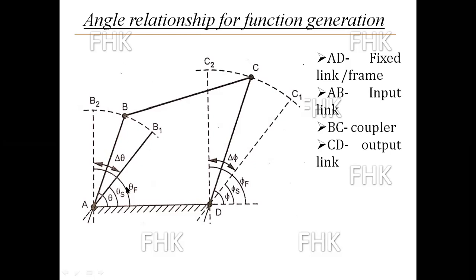When the input link takes the new position AB2, at the same time the output link takes the new position DC2, and the inclination of DC2 is phi final. So phi final minus phi starting will become delta phi.